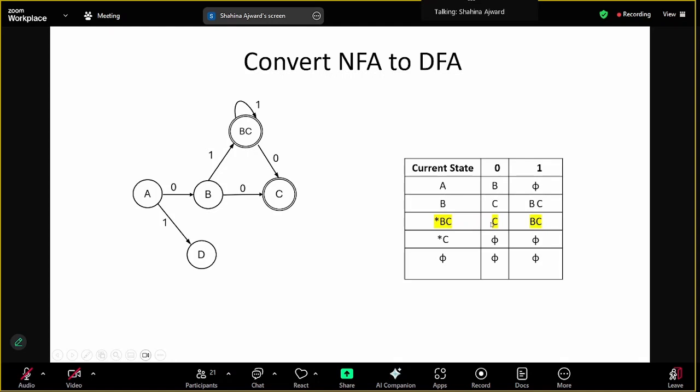So when it receives the input symbol 0, it goes to C, and when it receives 1, it will be in the same state. So we put a self loop over here. Since this includes C, this will be one final state, so we use a double circle for the BC.